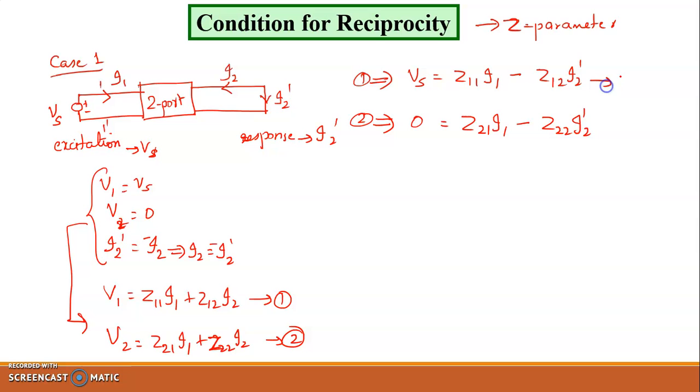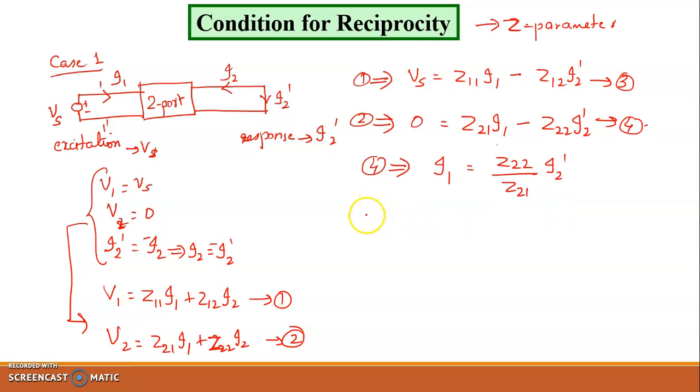Let this be equation 3 and this be equation 4. From equation 4, I can solve for I1: I1 is equal to Z22 by Z21 into I2 dash.